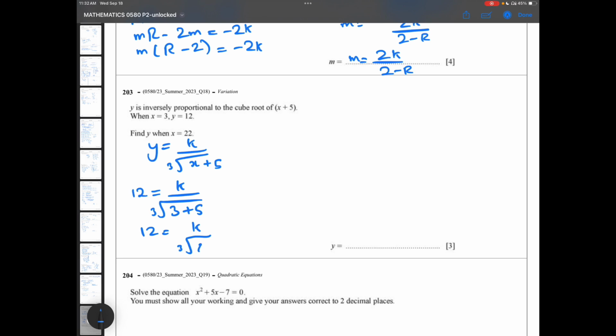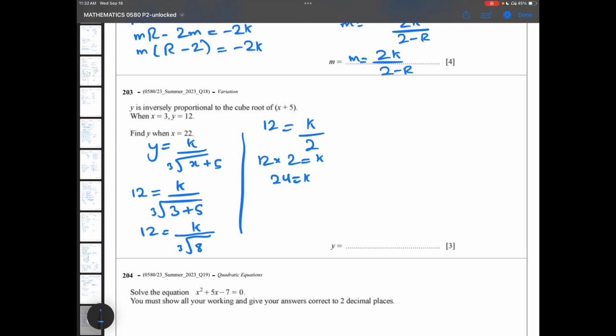Now cube root of 8 is 2. Now this 2 is being divided. When I move it to the left side of the equation, it will be multiplied with 12 and I will get the value for k. That is 24 is equal to k.